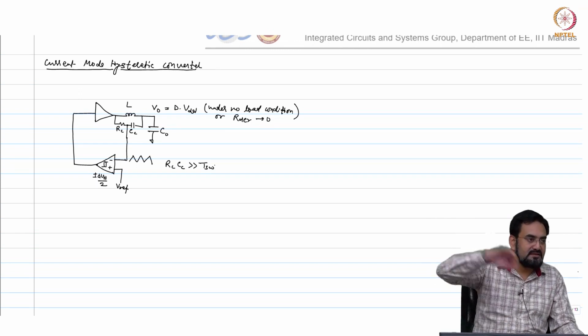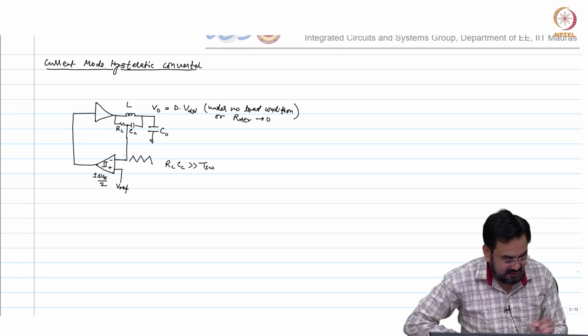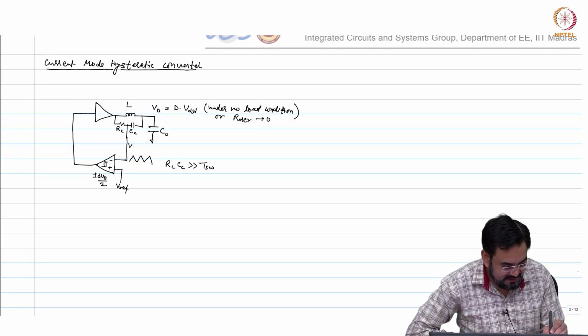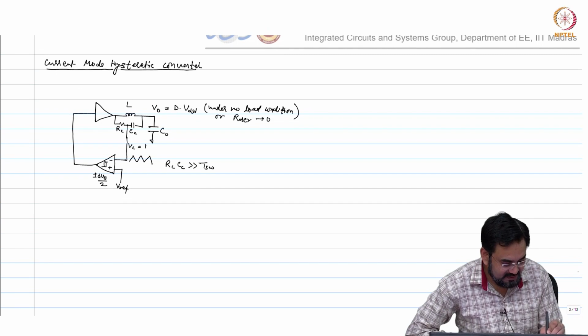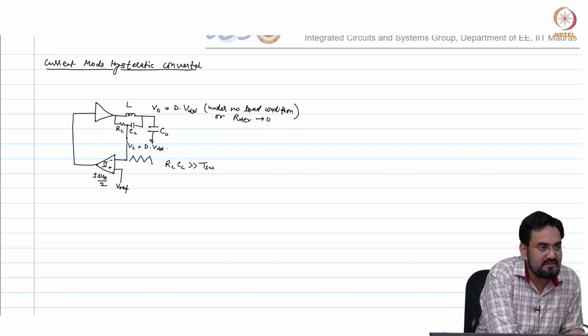Otherwise, you will get a non-linearity due to the exponential relationship. Now, if I call it Vc, Vc is nothing but D times Vdd. So, you will get the regulation.